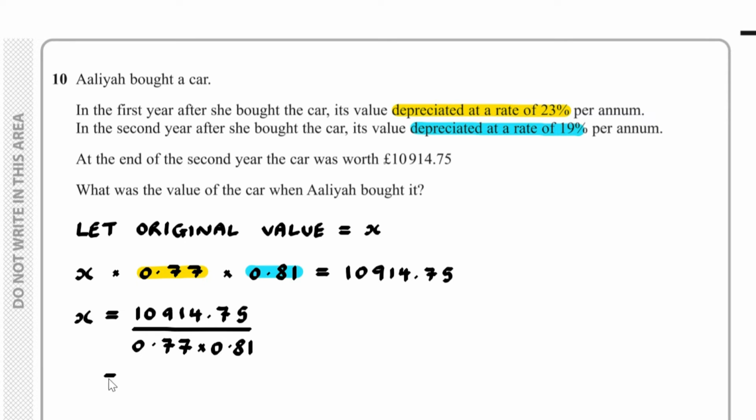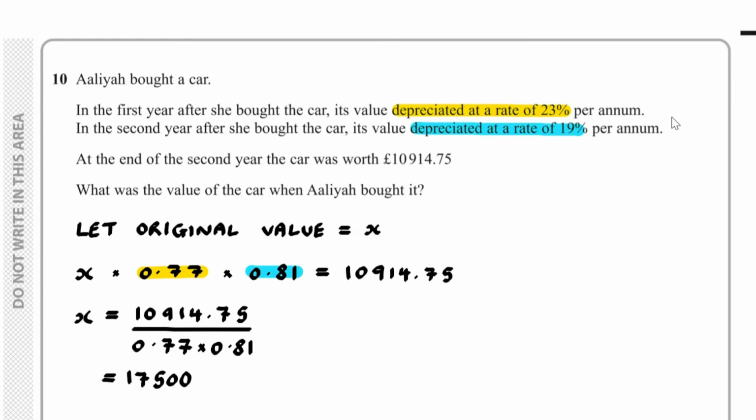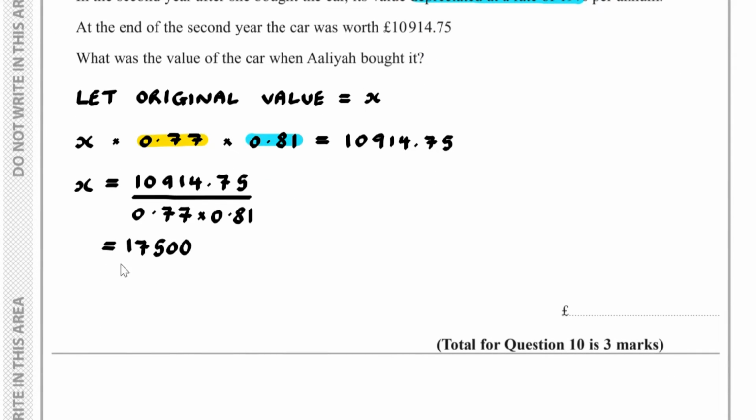So if I work out what this is equal to, we've got 10914.75 divided by 0.77 times 0.81. It turns out we get 17,500. So we have a value of 17,500.